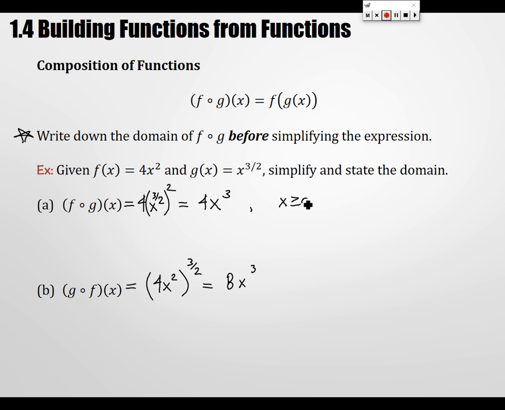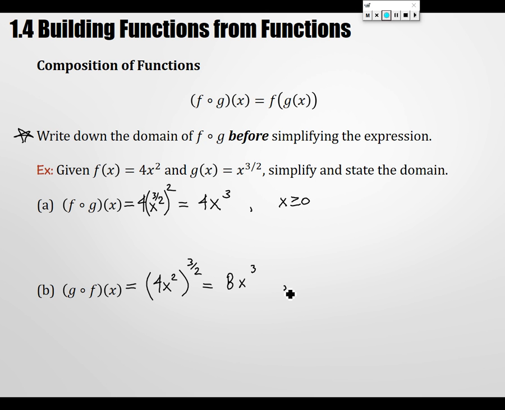All real numbers. It does seem. Well, do you want to tell us why you feel so confident about that? Because you square it, so whatever result you have will be positive when it goes into the 3 halves. Yeah, I mean, really, what is g down here, the outside function? What is g concerned with? Is it concerned with the domain of f inside here?